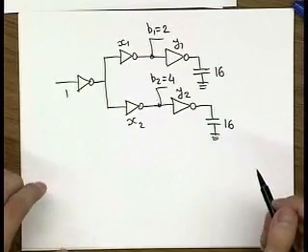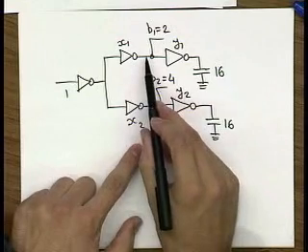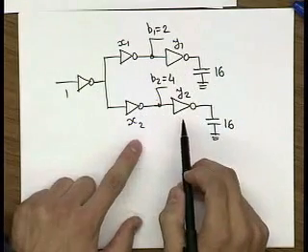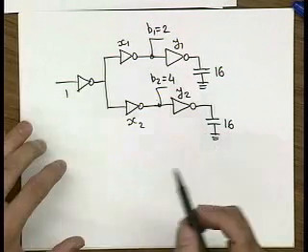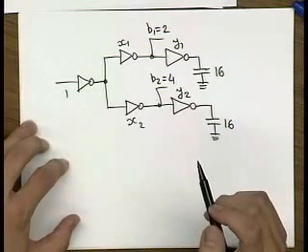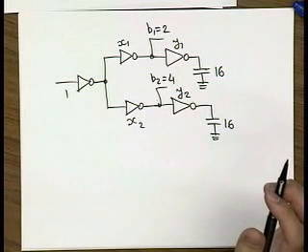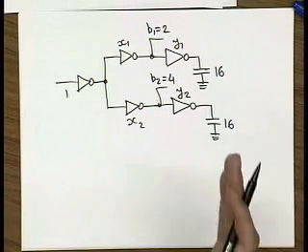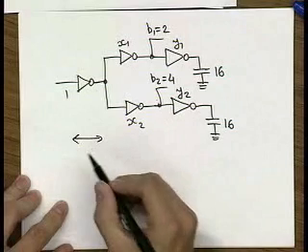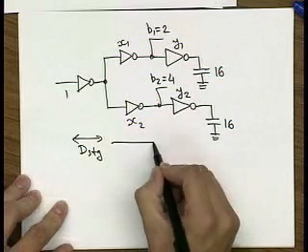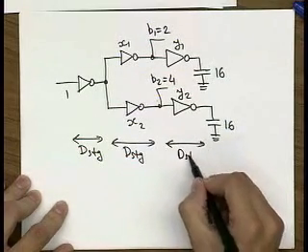In this case, the total load after this stage and after this stage over here is different. So if you don't know sizes a priori, then you cannot really do your branching theory. But what you do know is that at the minimum delay case, all the stages should have the same effort. So this would be D stage, this would also be D stage, and this would also be D stage.